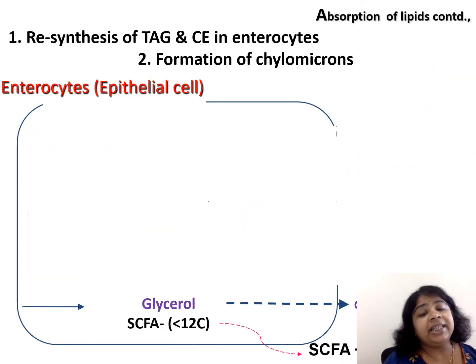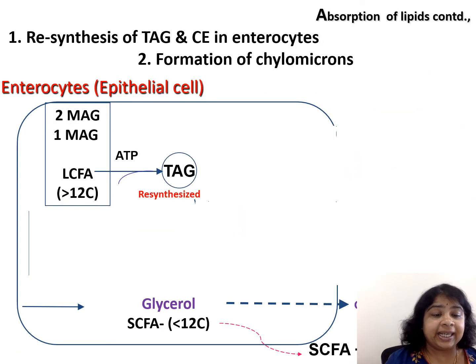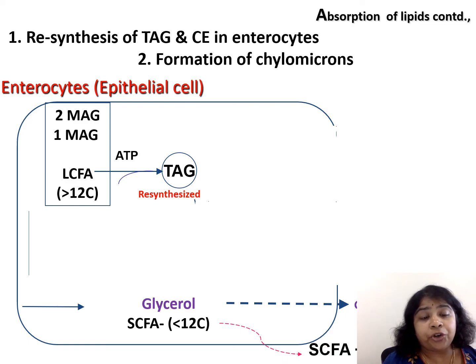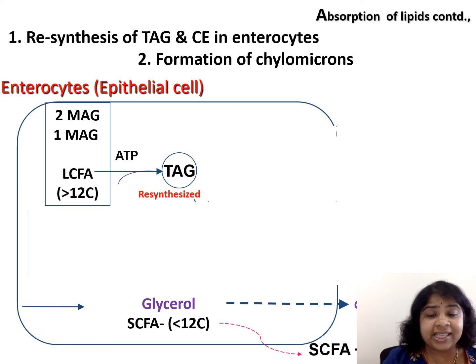Now within the intestinal cell, the glycerol that is absorbed and short chain fatty acids, less than 12 carbon length, can be directly absorbed into the bloodstream. They do not require any carriers, or the short chain fatty acids will bind to albumin and the free fatty acid and albumin complex will be transported. Glycerol does not require any transporter.